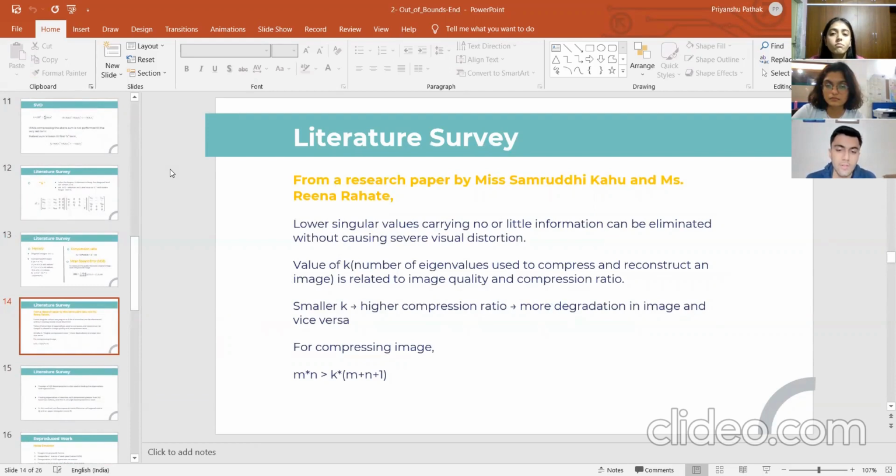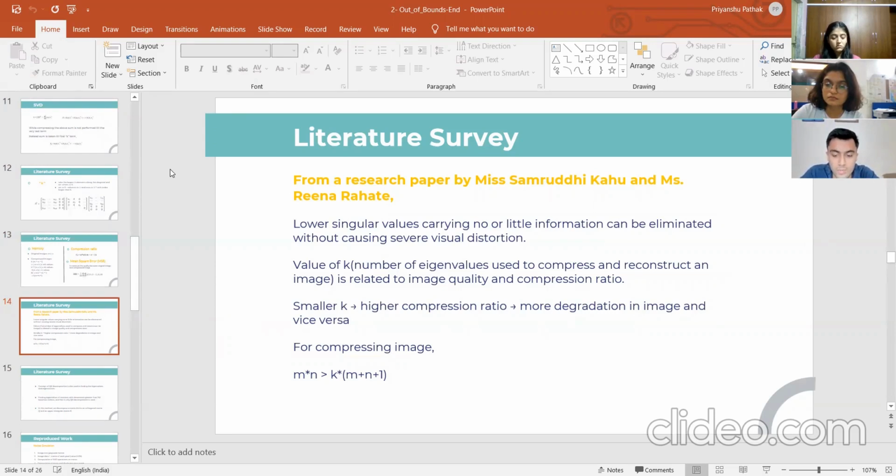Okay, so till now we saw what image compression is and how it can be achieved using SVD. We also saw some properties of SVD and the relationship between the value of K, memory, and compression ratio. So in continuation of that, according to the research paper, in order to save memory, we can discard some singular values and that will avoid causing too much distortion. As we also saw previously, the value of K depends on the memory and the compression ratio.